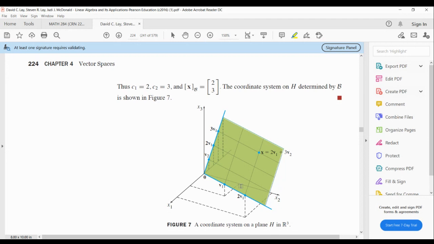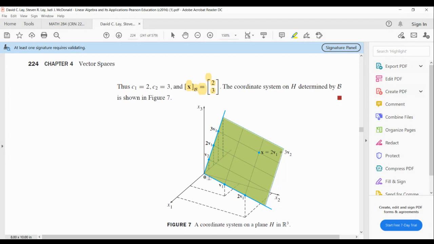We know that's got to fall in the first octant because all the coordinates are positive. So what they do is they take 2 times V1, because the coordinate vector of X relative to the basis B vectors that generate that plane is 2, 3.